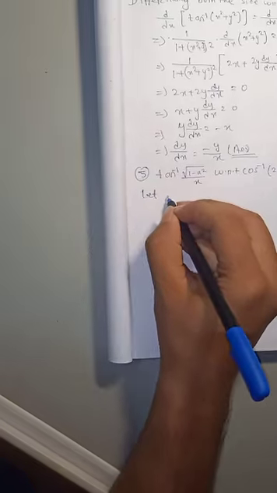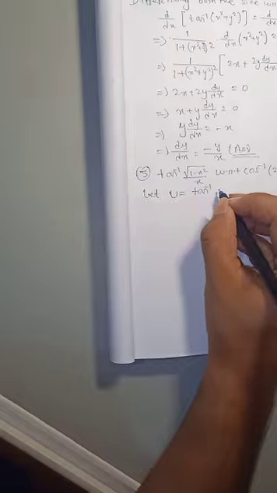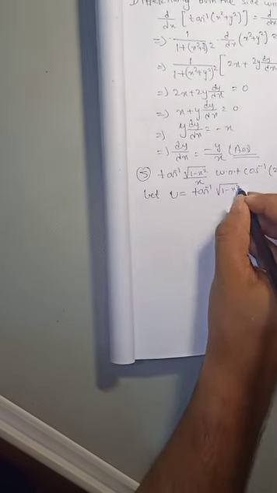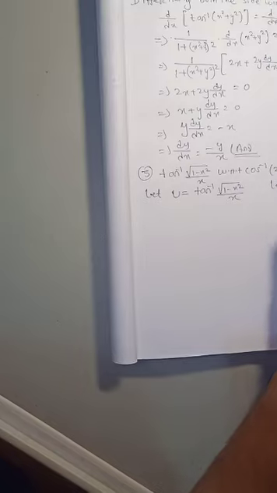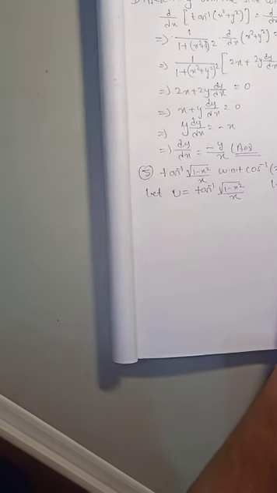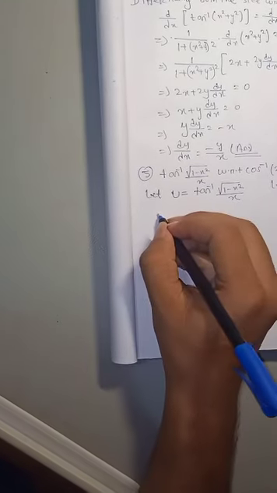Let u is equal to tan inverse of root 1 minus x square by x. Here let x is equal to cos theta, which implies theta is equal to cos inverse x.